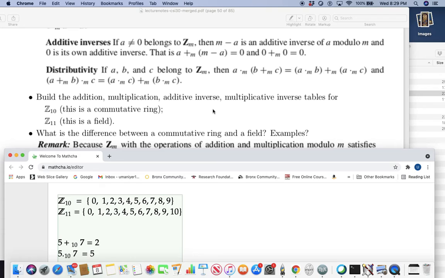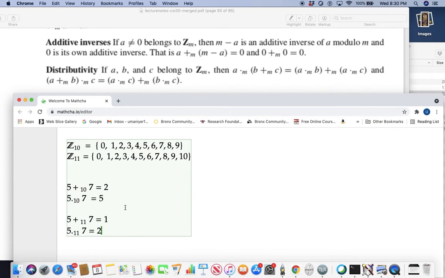Adding 0 gets you back the same number, so 0 is the additive identity, 1 is the multiplicative identity. Who gets me 0? Suppose I want to find 5 plus something to get me 0. What should that be? There is no negative 5 here. But notice what is 5 plus 5 in modulo 10. 5 plus 5 is 10. 10 divided by 10, remainder is 0.